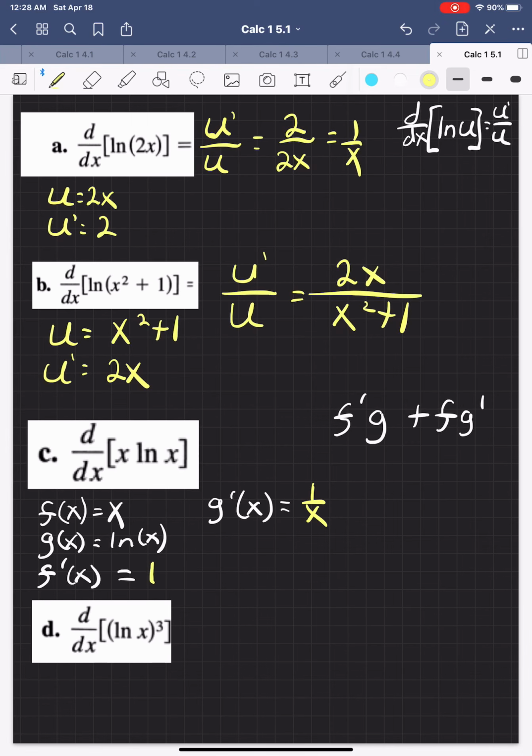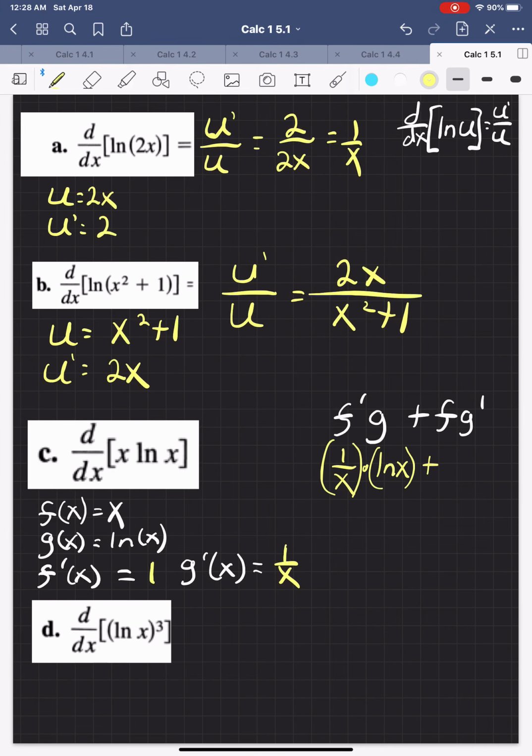So f prime, this would be 1 over x... 1 over x multiplied by ln of x plus 1 multiplied by... why did I do it that way? See when I moved that thing, I got ahead of myself. Let's try that again.